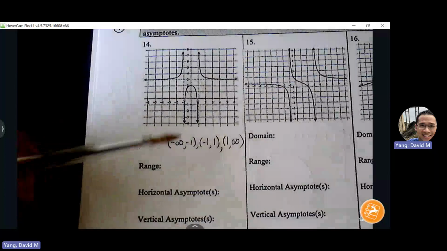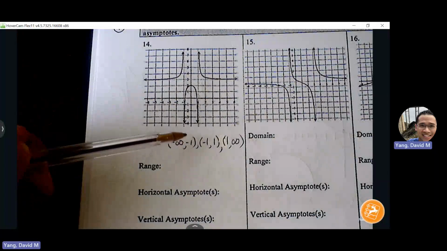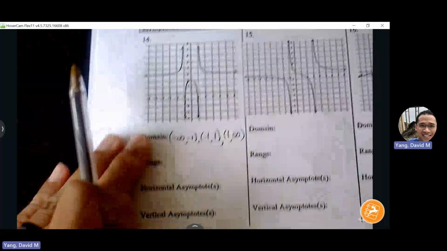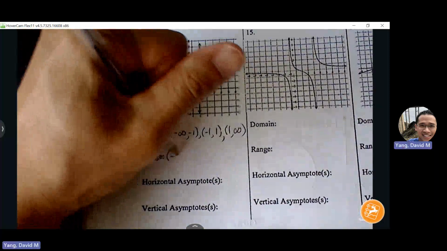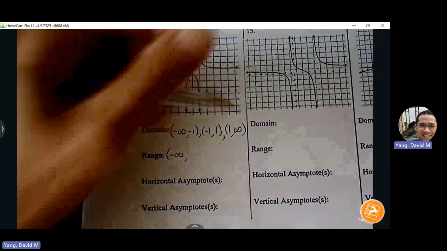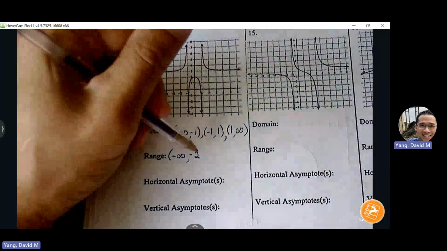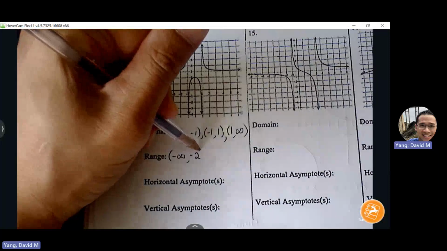My range is going to be where my y values exist. In my range, I'm always going to start at the lowest y value and move my way up. So what's my lowest y value? -infinity, but there is a break. -infinity to 2. What do we put after that 2? Bracket, because it actually touches that point.